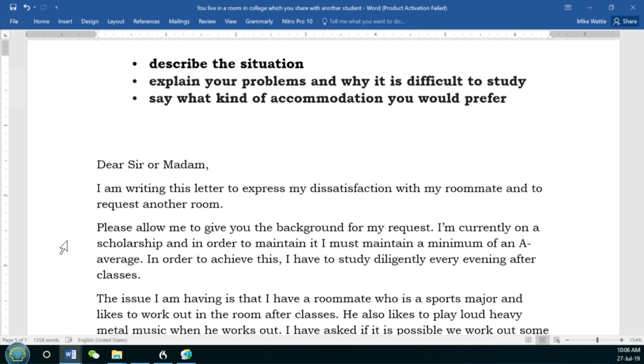Straight into the purpose. Okay, so after the purpose is clear, we should then go on to our first bullet point, describing the situation. And I want to start off with something that sends a signal to the reader that the paragraph is about this. And so I have paraphrased situation into background.